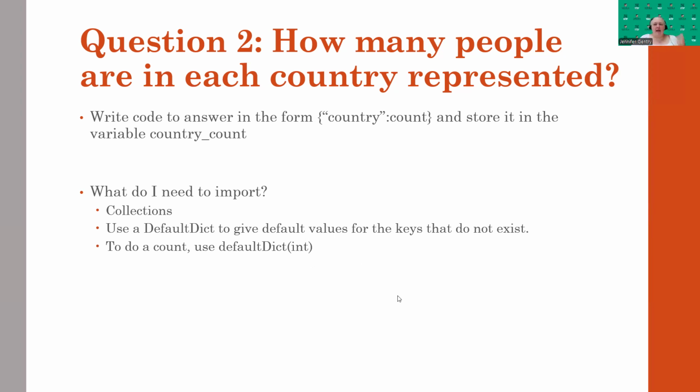Then we're going to count up the number of each country. We're going to pull out all of the unique values in country using this default dictionary, and then loop through my data set row by row and add a count to the country of that row. And we're going to do that 32,000 times.